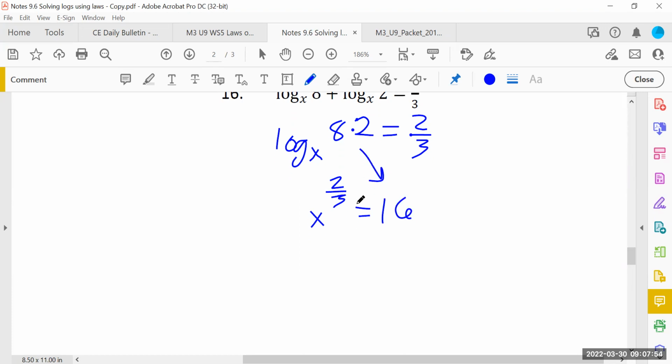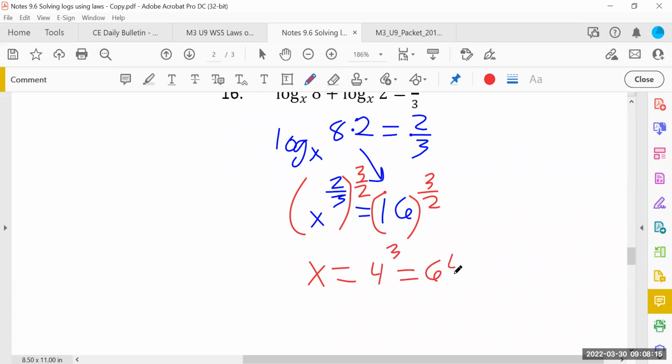And then it's what we did before, right? Raise it to the reciprocal power, raise both sides to the 3/2, and simplify. So the square root of 16 is 4, cubed, is 64.